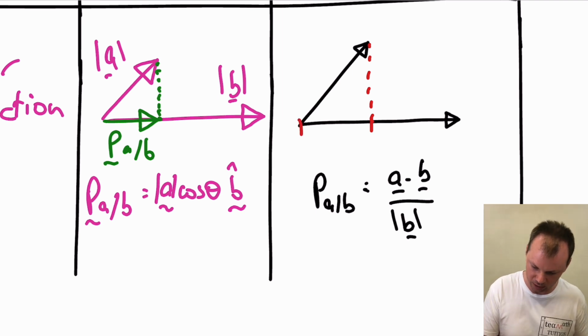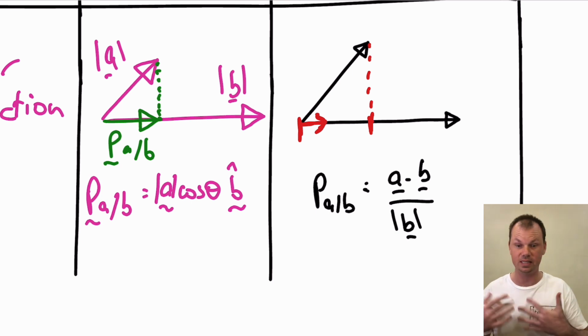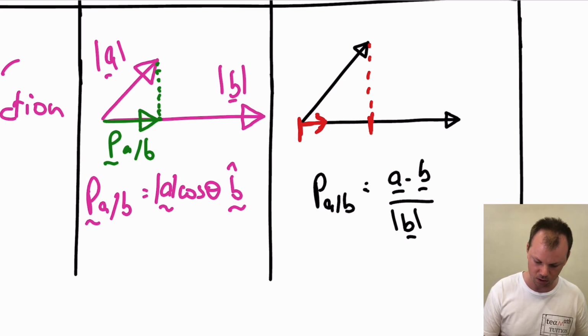If we want to turn that into a vector, we need to multiply the B unit vector by our length. We need to scale it by that length so that the vector scales up.